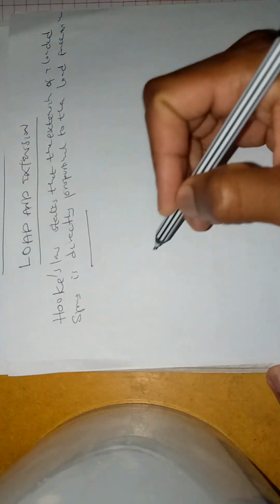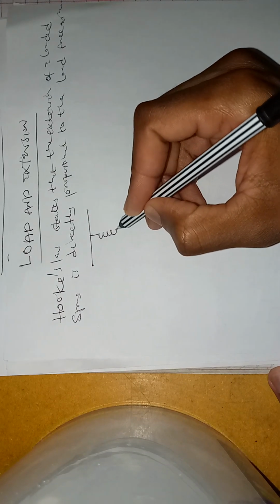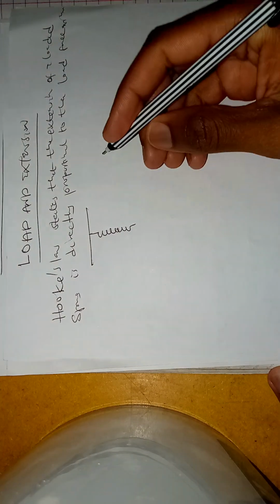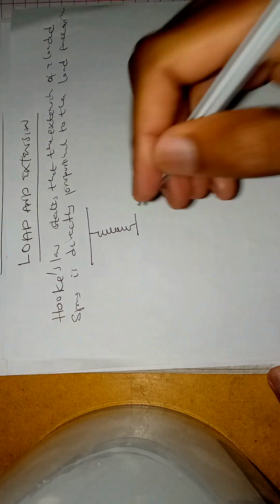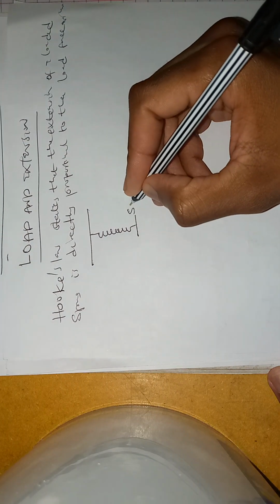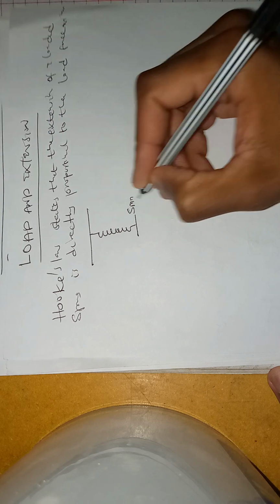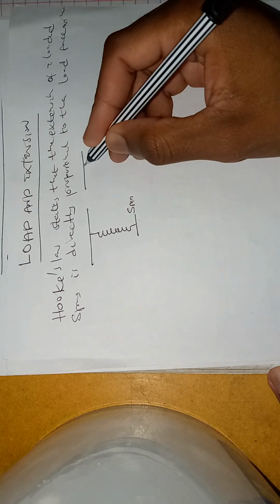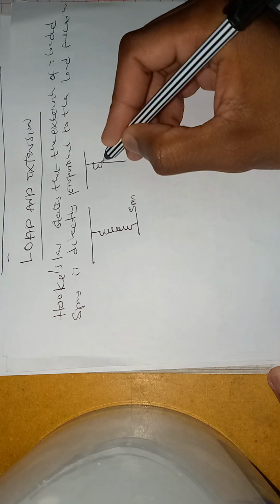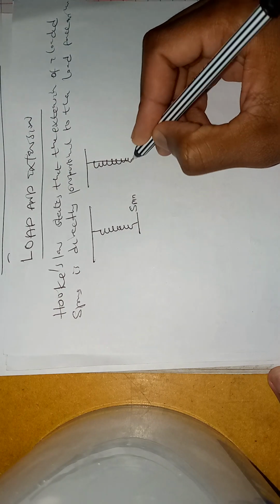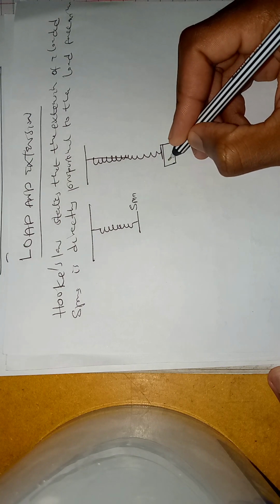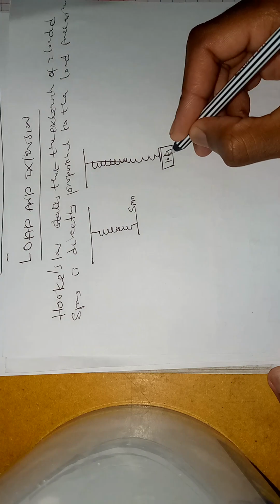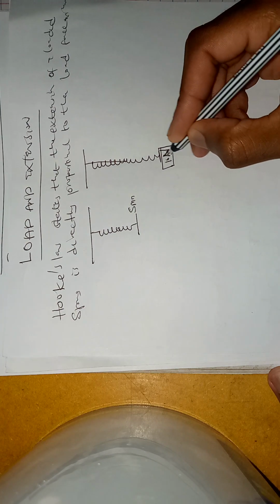So you are going to have a spring just there like that. Before attaching anything, it is maybe at 5 millimeter. And after attaching a load, it extends maybe here. We attach a load, sorry, 10 newtons.